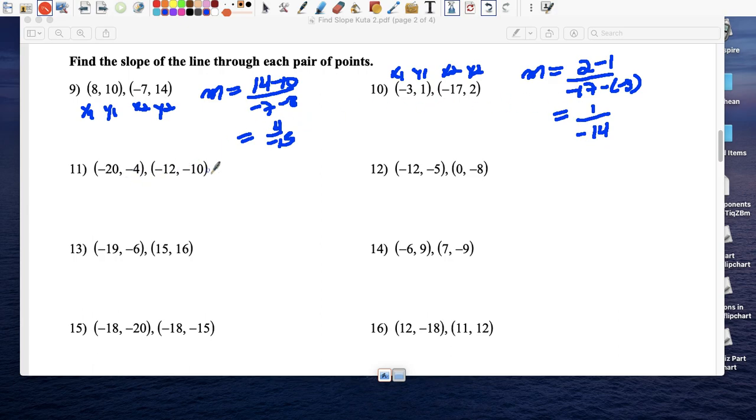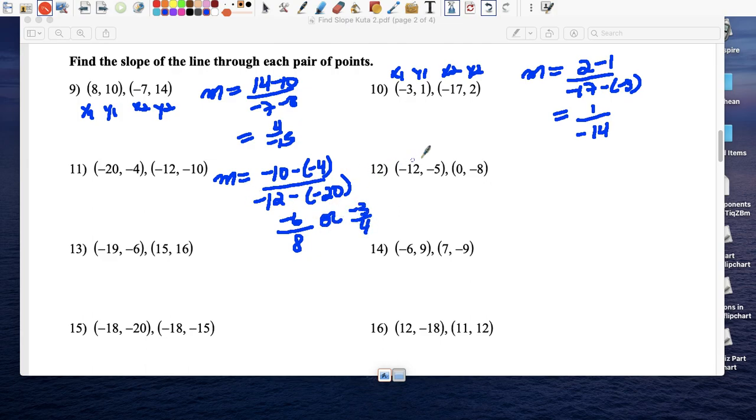Okay. 11. Again, remember, the first points here are my 1s, the second are my 2s. So negative 10 minus negative 4 over negative 12 minus negative 20. Then I get negative 6 over 8, or better yet, simplified, negative 3/4.